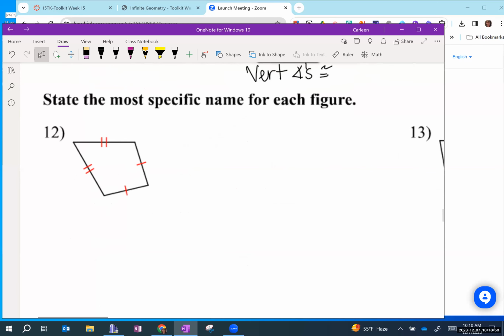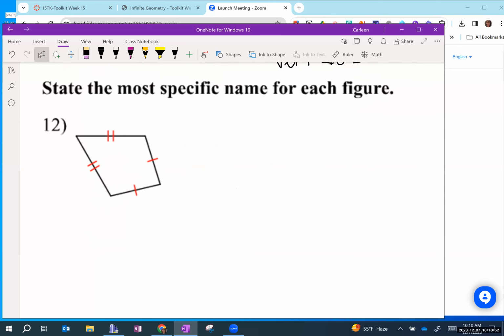Number 12, state the most specific name. Now we know it's a quadrilateral. Do we know anything else? Is it a parallelogram? No, because opposite sides are not parallel. Oh, 2 pairs of sides are congruent.